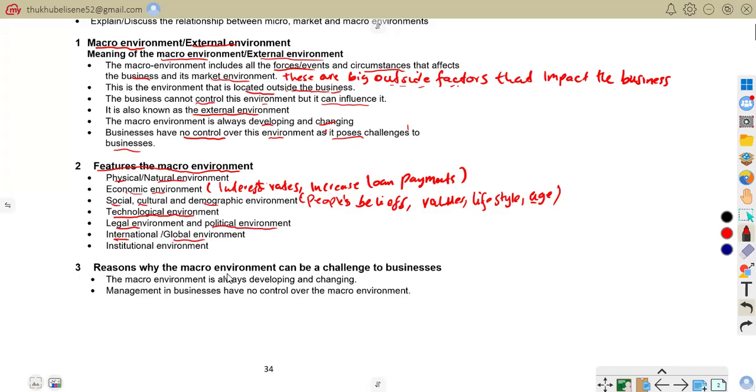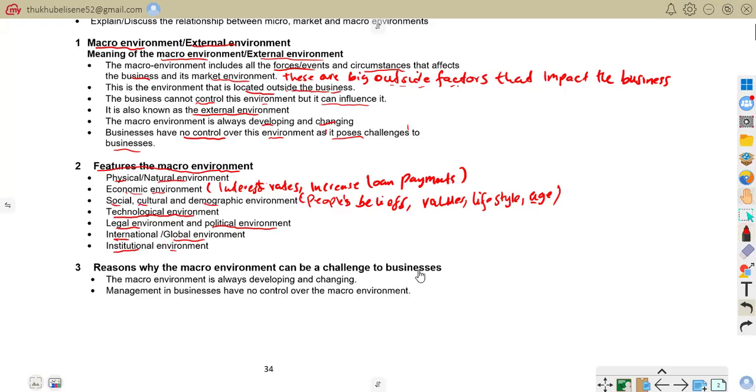For example, imported products compete with the local ones. So that is that. Institutional environment. You're talking about government departments, national, provincial, local. You can make an example and say local government provides services like what, like waste removal. You see, so that is that.